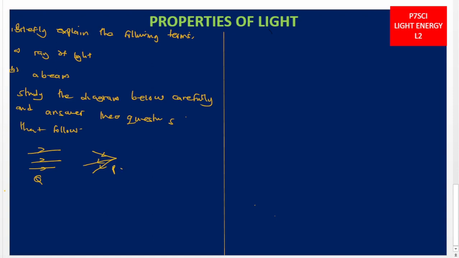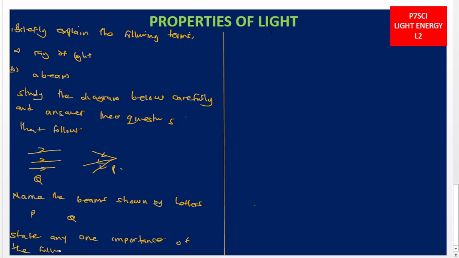This is P. Name the beams shown by letters P and Q. State one importance of the following beams of light shown by the letters P and Q.